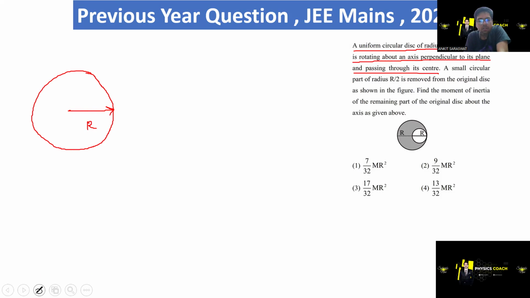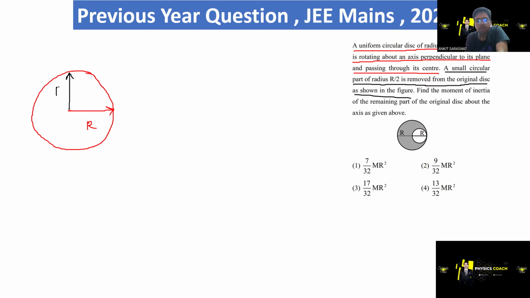Next part, what the question is saying: a small circular part of radius r by 2 is removed from the original disk as shown in the figure. So, r by 2 means the diameter is r, like this. This is r, this is also r.